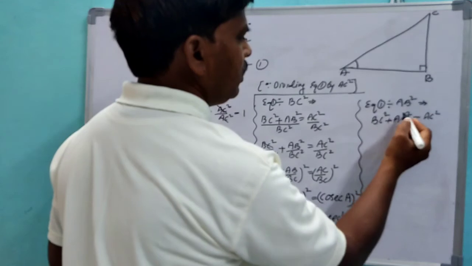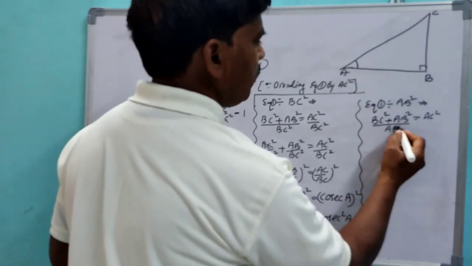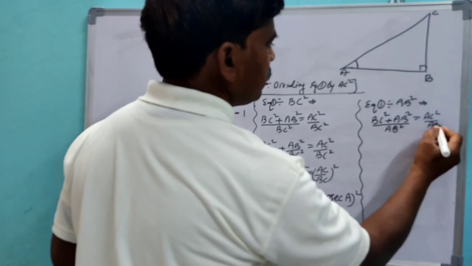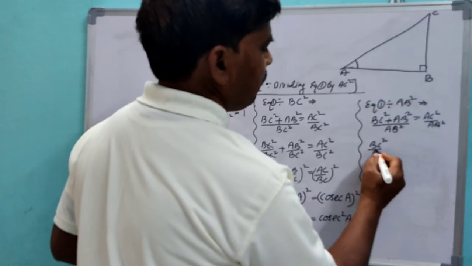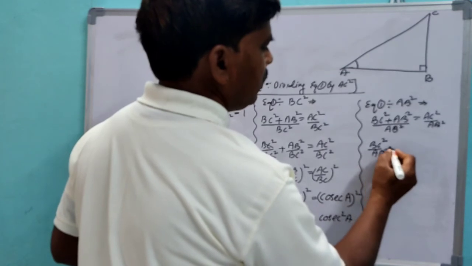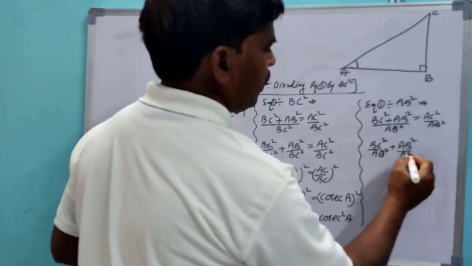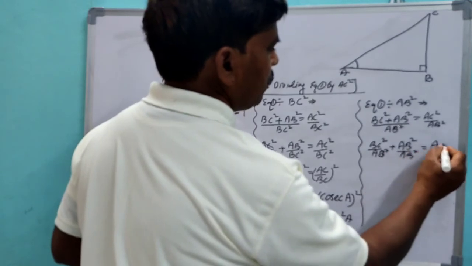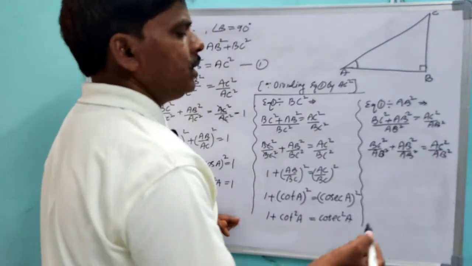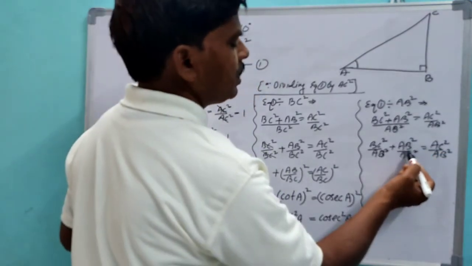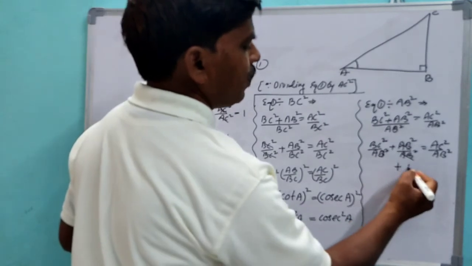So dividing this equation on both sides by AB square, we get BC square by AB square plus AB square by AB square is equal to AC square by AB square. Now AB square in numerator and denominator is the same, so it gets cancelled, which is equal to 1.